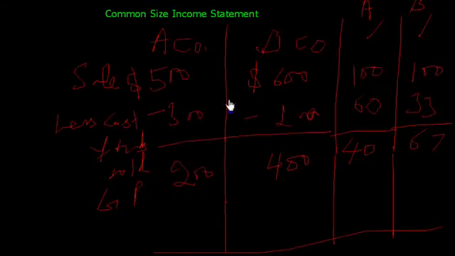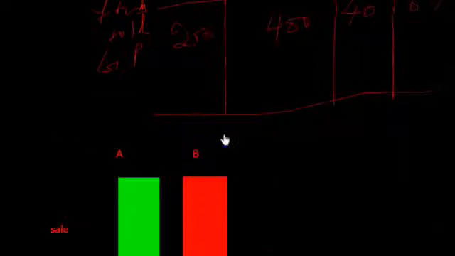Suppose A company's cost of goods sold is 60%.